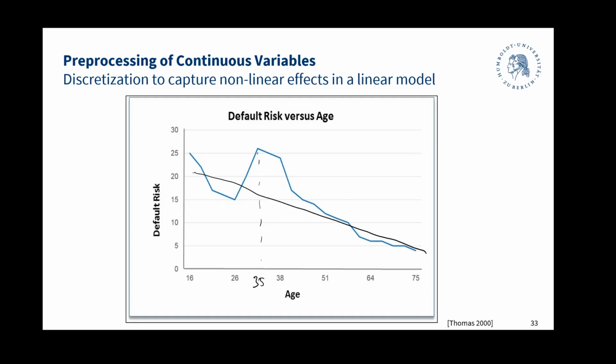So it's a very odd pattern in the distribution of the young customers. And from there on, we see a trend which is quite typical in banking, namely that the risk of lending decreases with age, or in other words, youngsters are more risky customers than more senior people. But our linear model would not be able to pick that up.